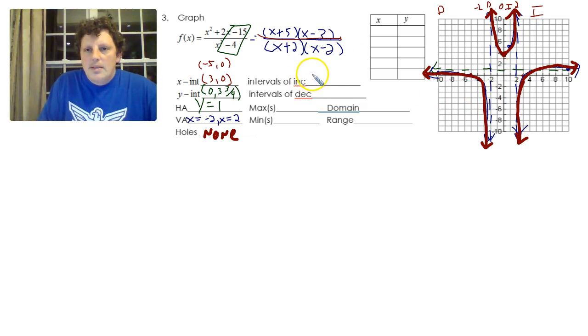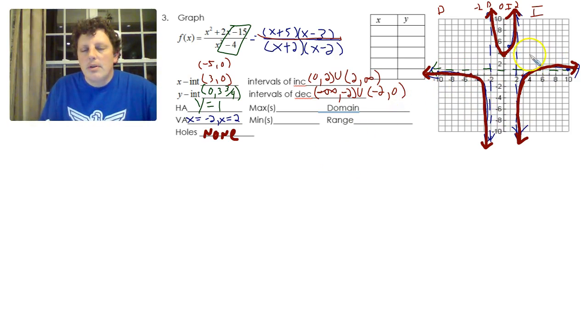So intervals of increase, we're starting at 0 to 2, and we're unioning that with 2 to +infinity. The intervals of decrease, remember, go left to right with this, right? Left from -infinity to -2. Union -2 to 0.